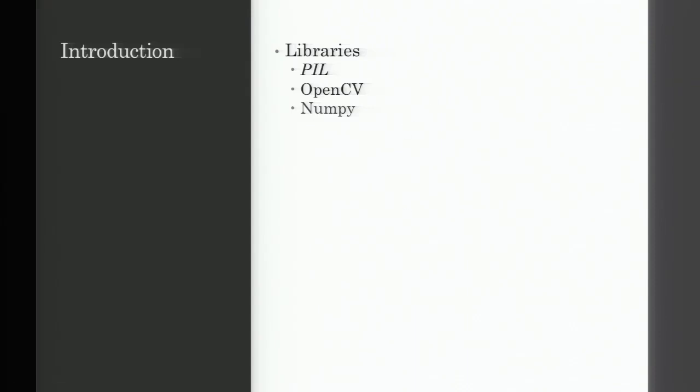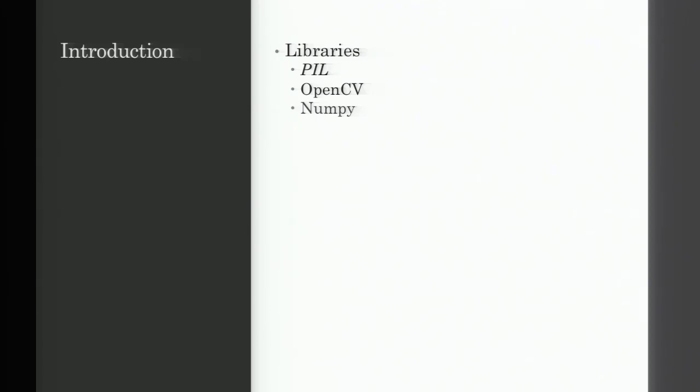I'm going to tell you a few things. A few libraries that we used was the Python Imaging Library, which provides the Python interpreter with image editing capabilities. We also used OpenCV. OpenCV was started at Intel in 1999 and first came out in 2000.